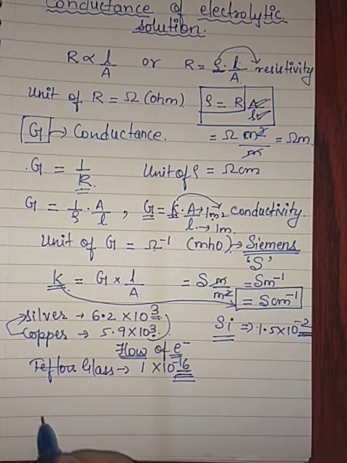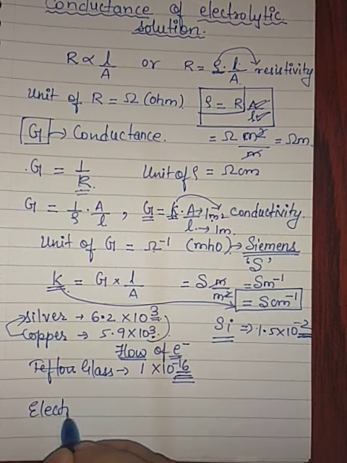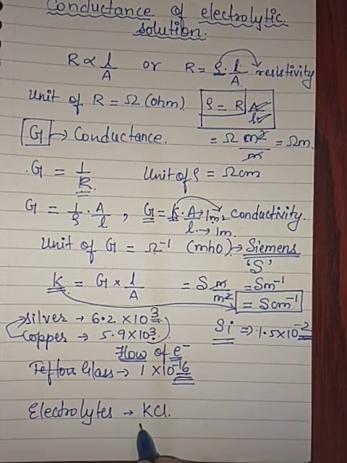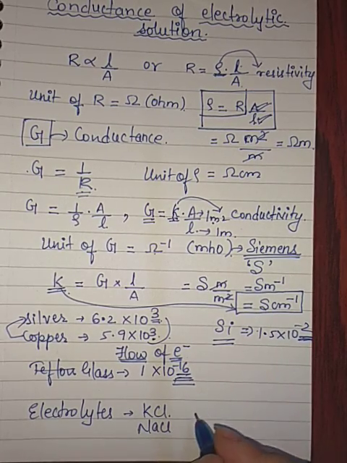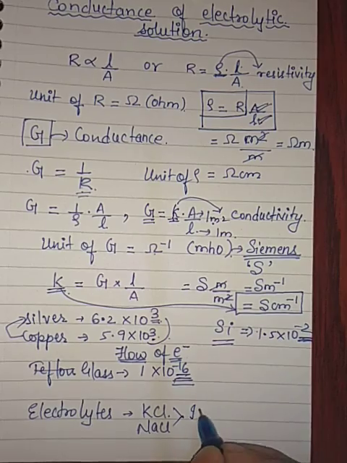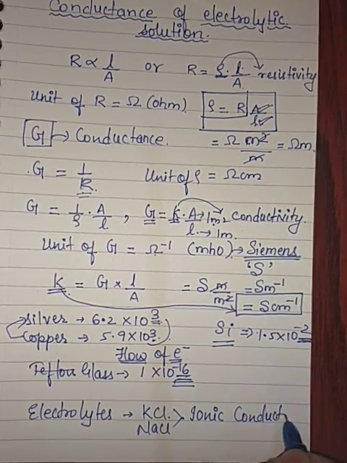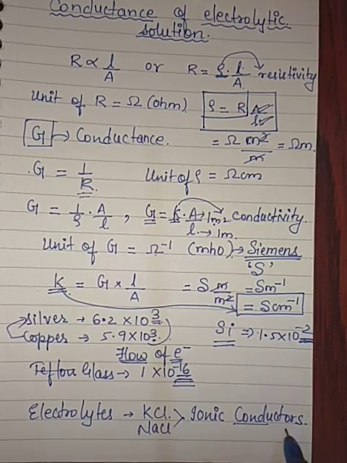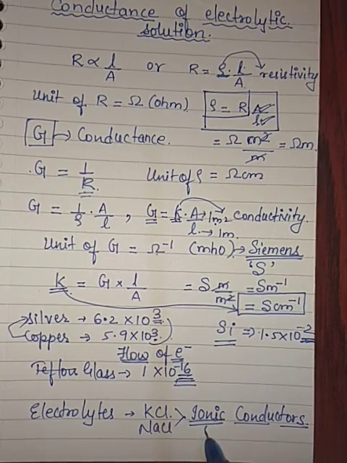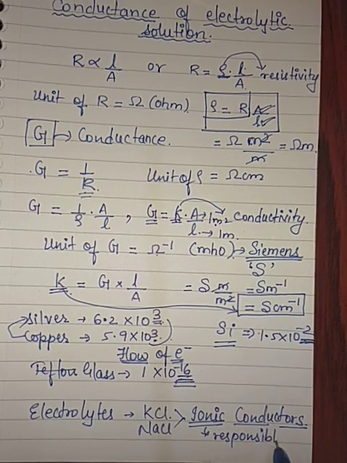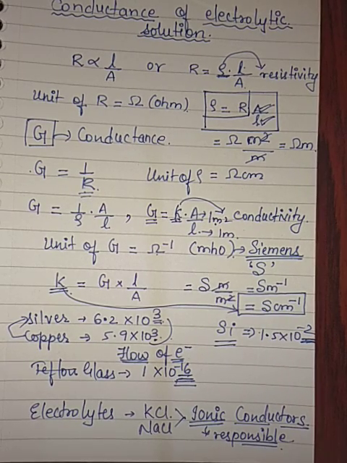But solutions like electrolytes, you take KCl or NaCl, they are called ionic conductors, because the conductivity is caused by ions. These are responsible for conductivity. So they are ionic conductors.